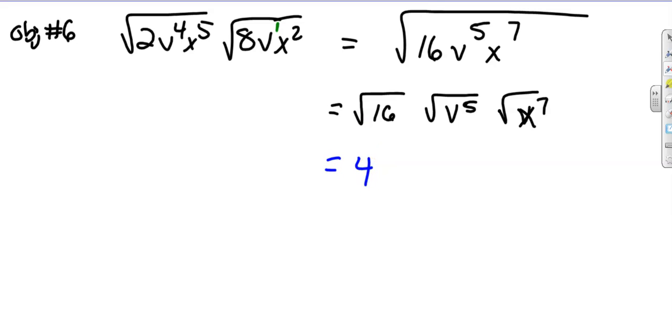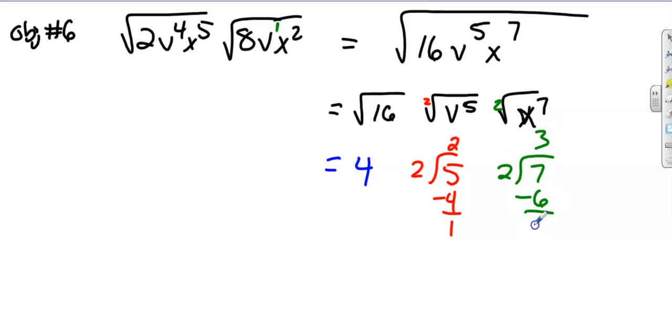With the v's, again, index is 2, we're dividing 2 into 5, which will go 2 times with 1 left over. And with the x, still index of 2, so we're dividing 2 into 7, which will go 3 times with 1 left over. Again, everything on the top goes on the outside.